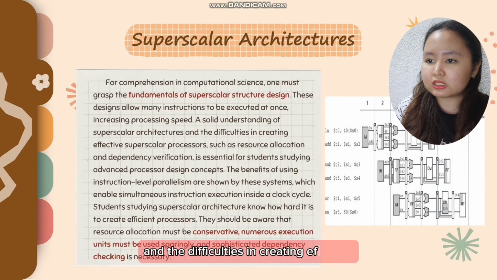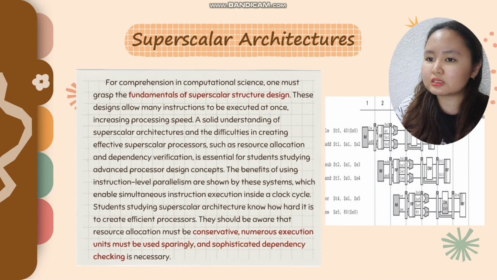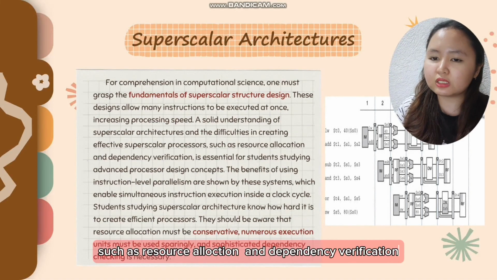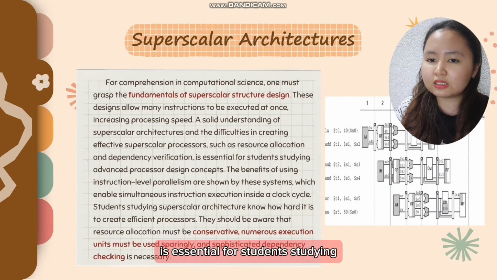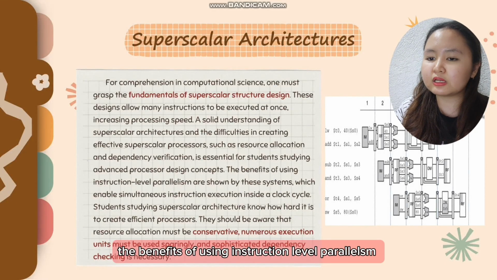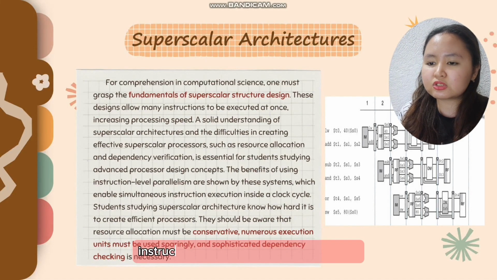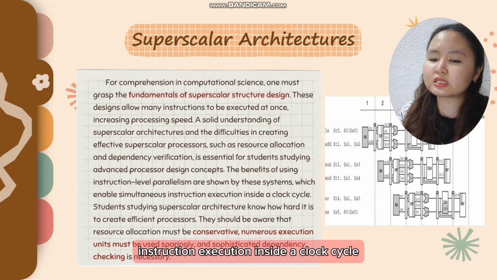A solid understanding of superscalar architectures, and the difficulties in creating effective superscalar processors, such as resource allocation and dependency verification, is essential for students studying advanced processor design concepts. The benefits of instruction-level parallelism are shown by these systems, which enable simultaneous instruction execution inside a clock cycle.